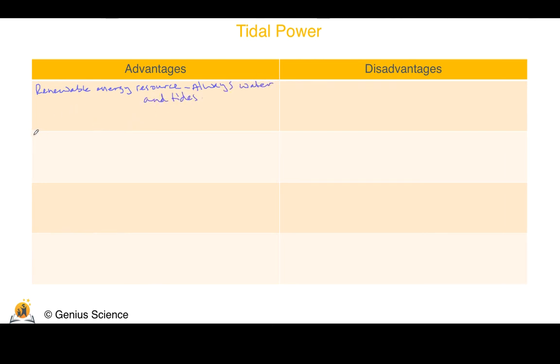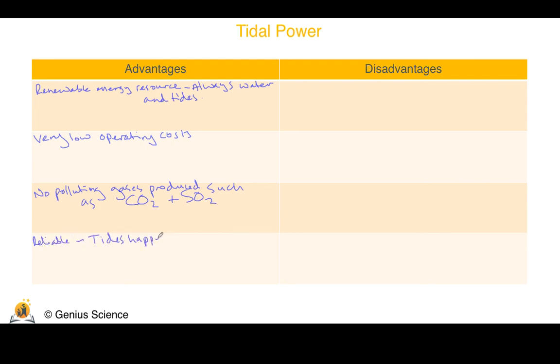Another advantage of tidal power is that there are very low operating costs. A third advantage of tidal power is that no polluting gases are produced, such as carbon dioxide and sulfur dioxide. Another advantage is that tidal power is reliable.